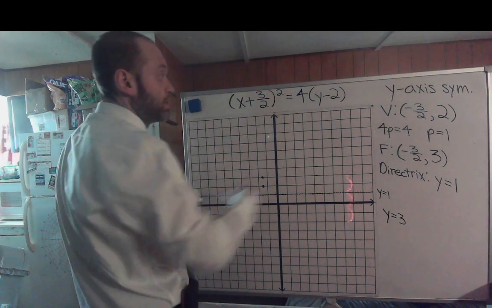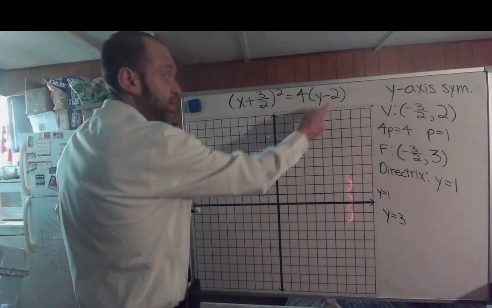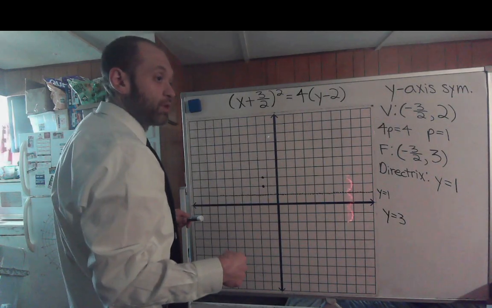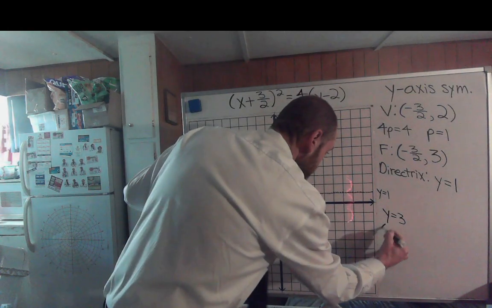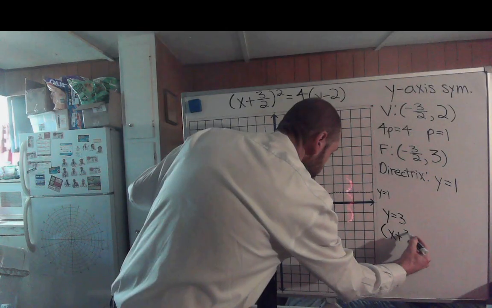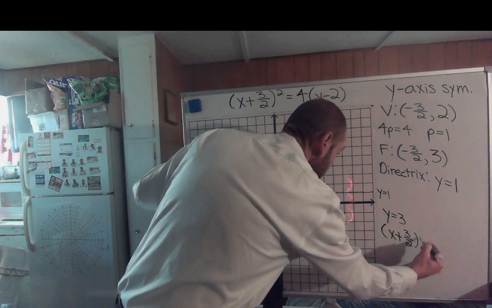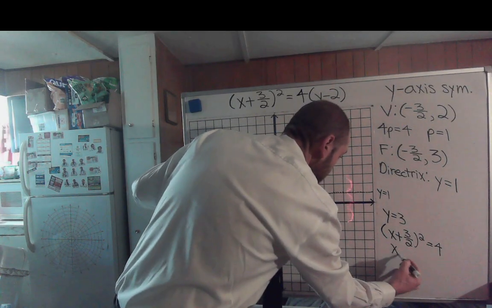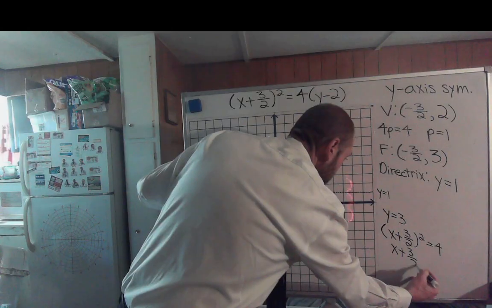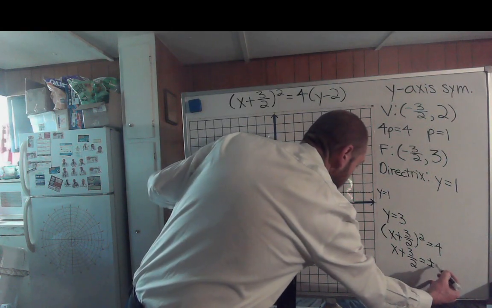Okay, so if I put 3 in for y, that'd give me 3 minus 2, which is 1, right? Well, 4 times 1 is 4. So I'm reduced to x plus 3/2 quantity squared is equal to 4. So x plus 3/2 equals both plus and minus 2.